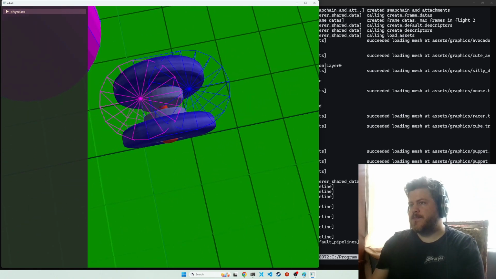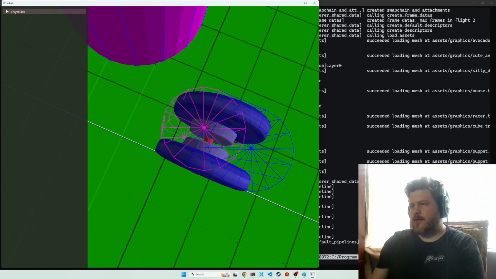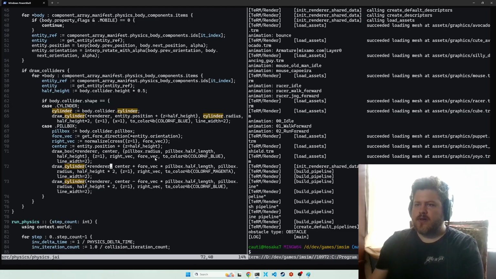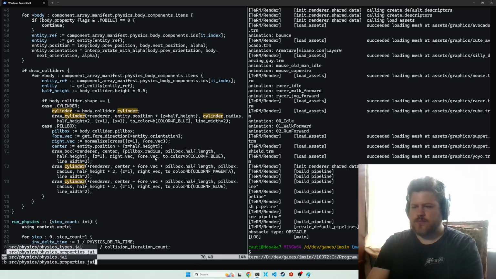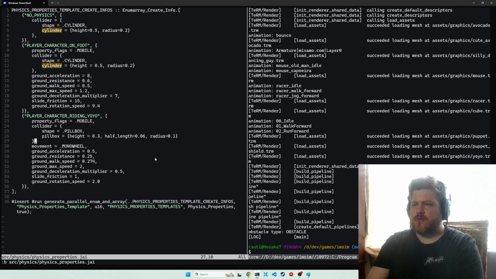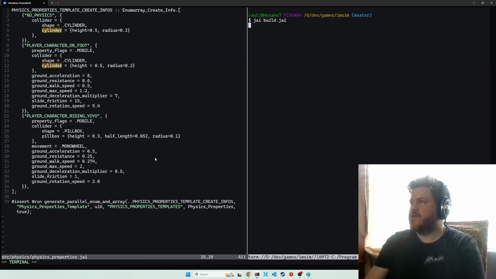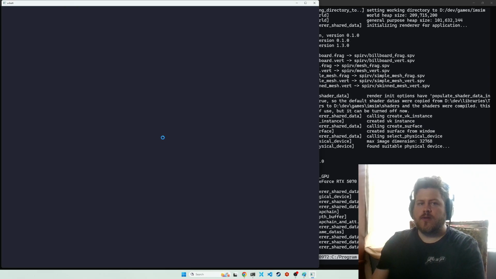I don't know. Let's see, just a tiny bit. So the half length. One thing is the half length can't be less than half the radius, which is a weird thing to remember, but math breaks if you do that.